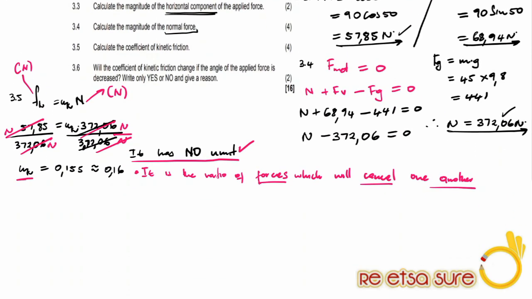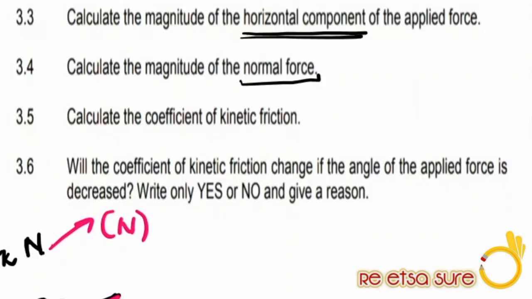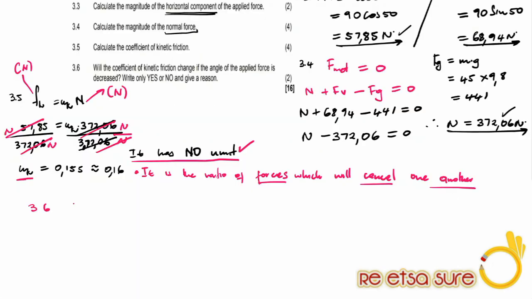Okay, so for 3.6: will the coefficient of kinetic friction change if the angle of the applied force is decreased? Write only yes or no and give a reason. The answer must be no. Why?